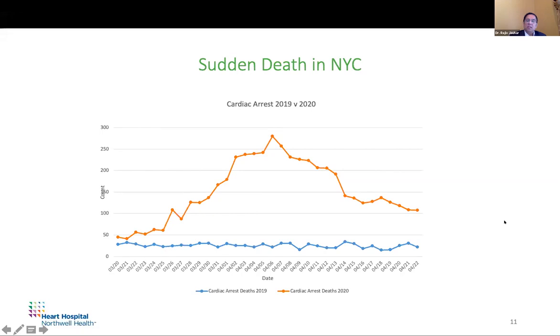EMS was called, and they came to the home and the patients died. Comparing that to the year before, which runs normally up to 30 a day, we hit 280 in one day, and it fits the bell-shaped curve. And our health system peaked around April the 7th, and it has now gone down.